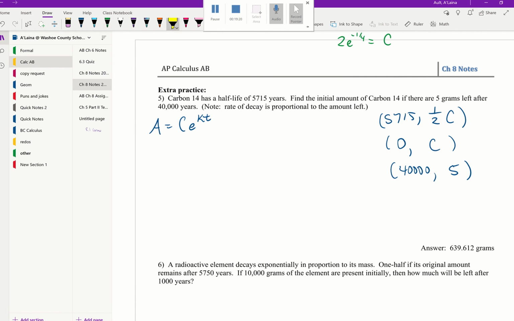If I use this equation, then half of C, my amount, my output, is equal to C times e to the 5,715 times t power. Those cancel out. If I take the natural log of both sides, the natural log of 1/2 is equal to 5,715 times t, and t is the natural log of 1/2 divided by 5,715. So I can rewrite this.